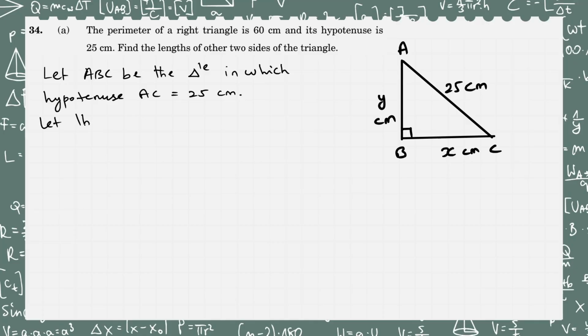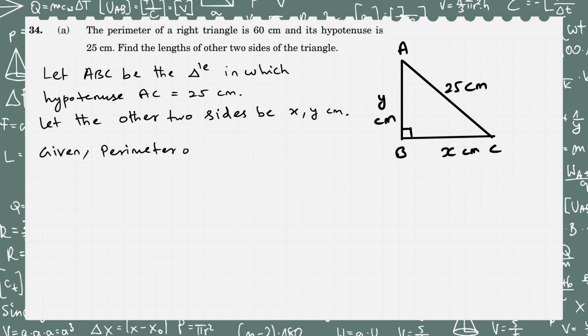Let the other two sides be x and y centimeters, right? And let's see the given hint. Perimeter of the triangle is 60 centimeters. So given, perimeter of triangle ABC equal to 60 centimeters.